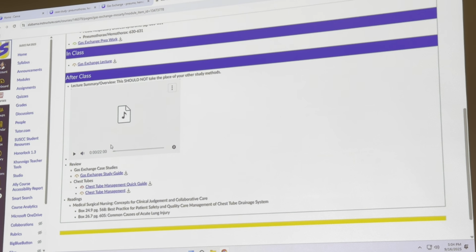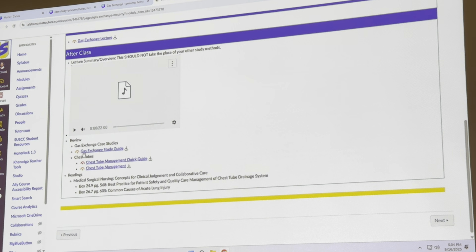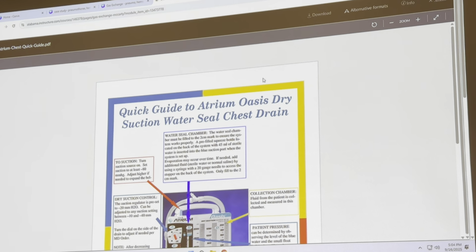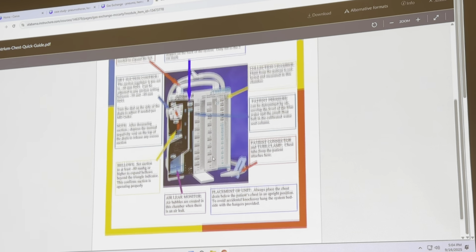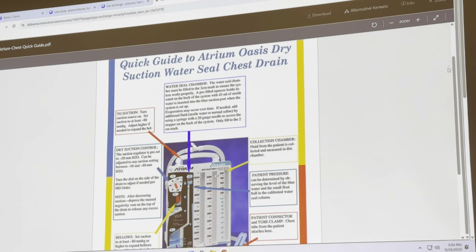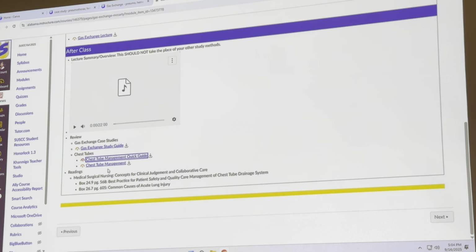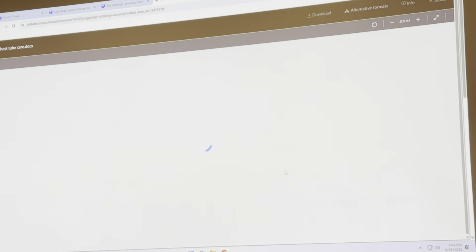I'll put your lecture up there in a little while. You have your study guide up there all ready for you. And then there are 2 different things for your chest tube content as well. There's a quick guide that gives you a picture and breaks down each of your little sections as well. And then there's another one that just says chest tube management.